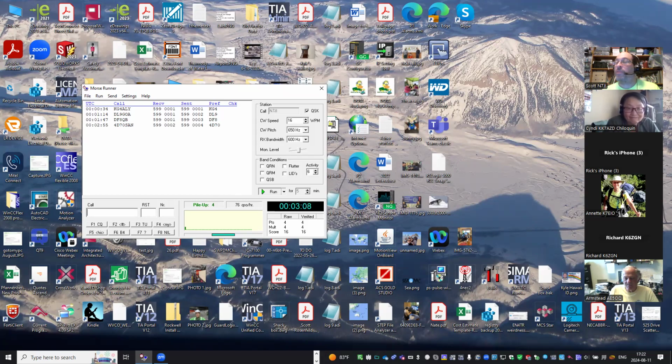Obviously, the slow one's coming through real strong, but it's very slow. But sometimes you can separate them by pitch too. And I'll ask again. They're right on top of each other, aren't they?